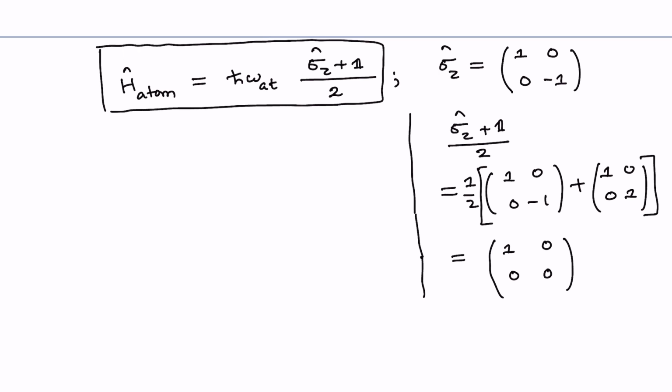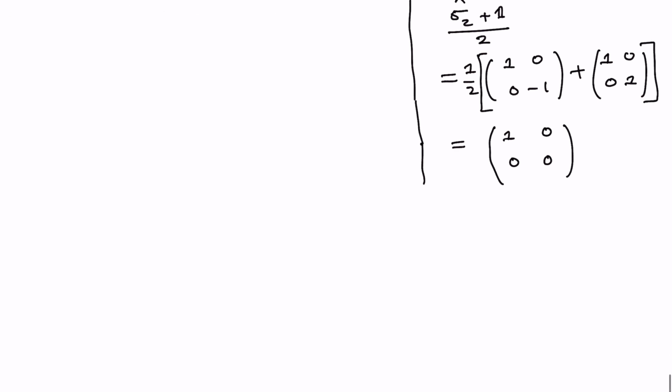And for the interaction term, the Hamiltonian is already known to you. H interaction we have written earlier, and that is h cross Z sigma x times A plus A dagger.